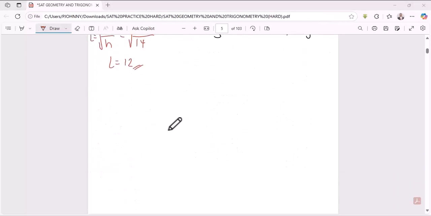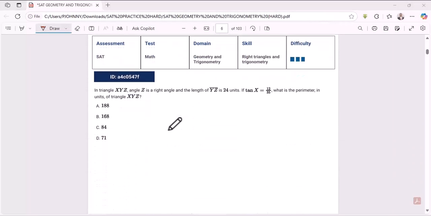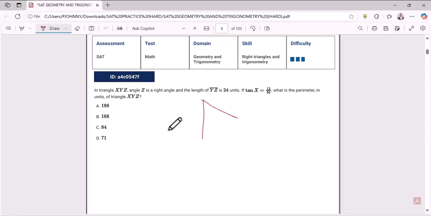So in this next question, we have a triangle XYZ and angle Z is the right angle, so it's already giving us enough information to draw the triangle. So this is Z, so X and Y can actually be in any of these positions. They said YZ is 24 units, if tan X, so this is the angle now that is under consideration.